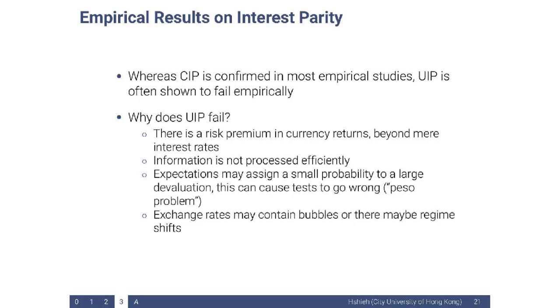Other reasons why UIP might fail is because, again, markets are inefficient at processing information. And so the entire E hat E could be out of whack, and UIP can be violated as a result. OK? The last few points are because E hat E is just out of whack, not measured correctly, not capturing all information.